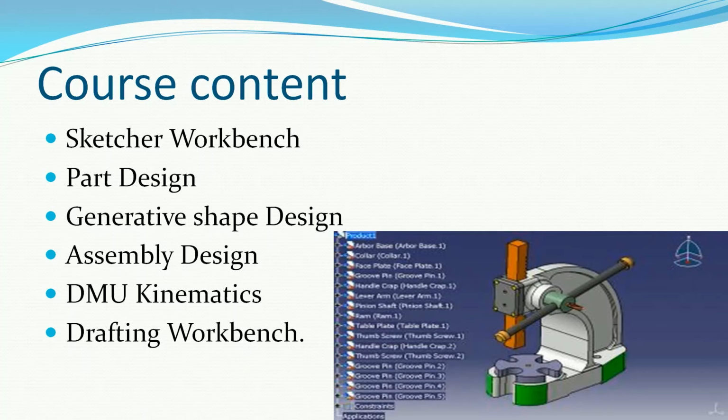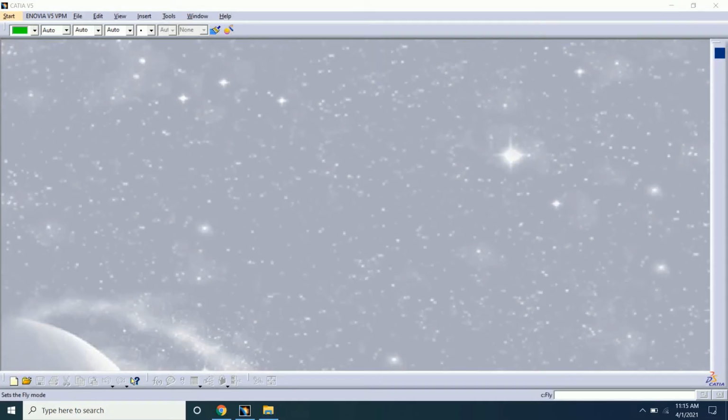Now we will move to the screen, to see how the interface of CATIA looks. When we start CATIA, we get this kind of interface. Whatever workbenches are present in CATIA, we can start from here.